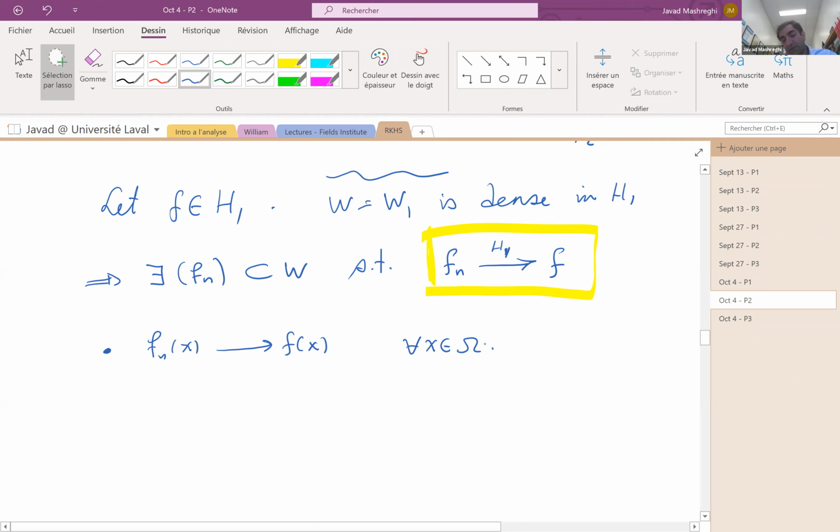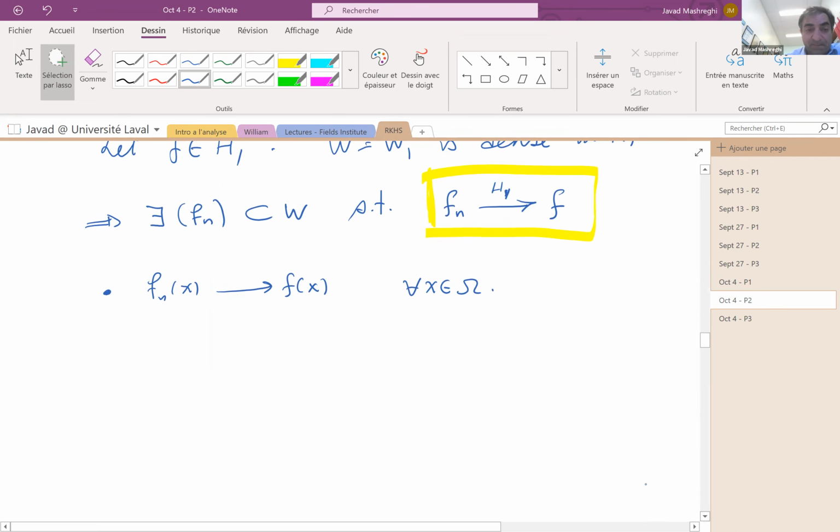If we have convergence in norm, we have convergence at each point. Second, the fact that Fn converges to f in H1 implies that Fn is Cauchy in H1.